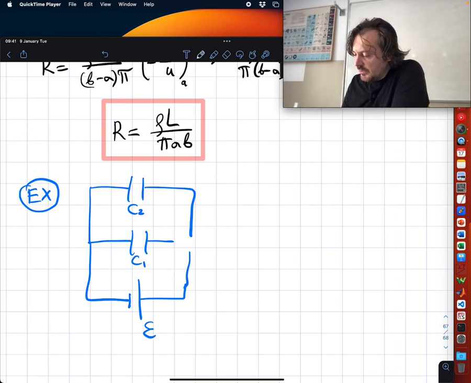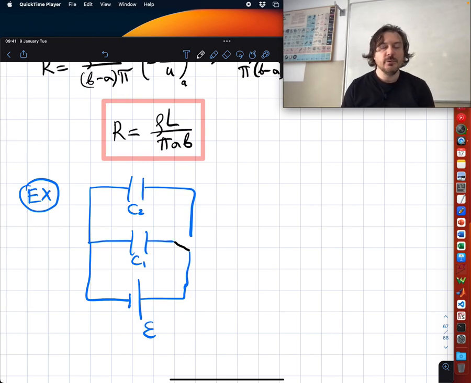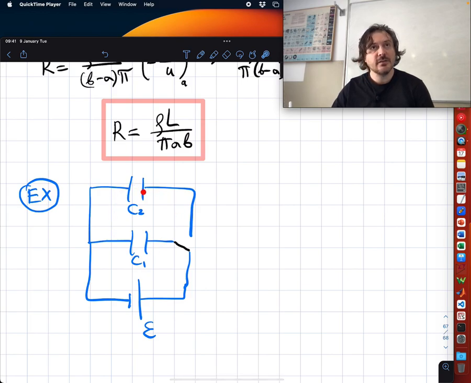I have a switch here that charges the capacitor C1, fully charged at first, okay? I'm solving this problem because I told you something about capacitors in series, capacitors in parallel, and stuff like that. You might have memorized them, and this is a bit of a trick question.